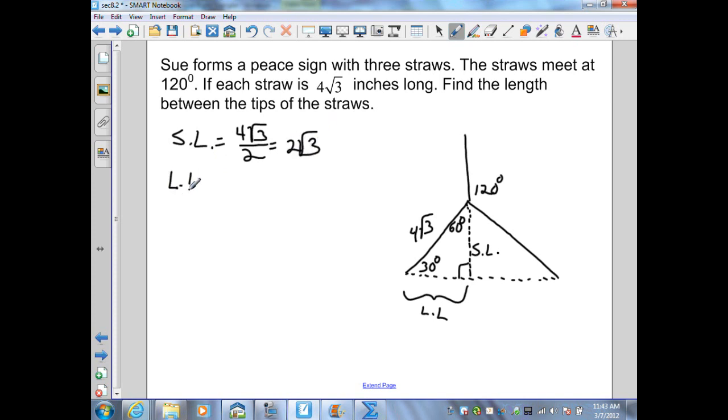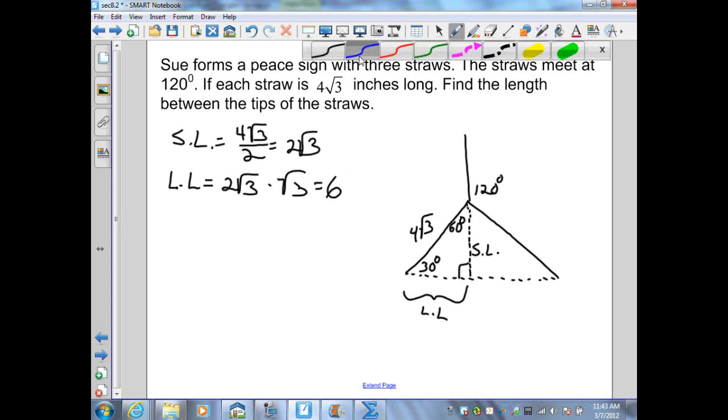My long leg is equal to my short leg, which is 2 square roots of 3, times the square root of 3. That tells me my long leg is equal to square root of 3 times the square root of 3, which is the square root of 9. Square root of 9 is 3. 3 times 2 is 6. So, the distance from the tip to the altitude is 6.